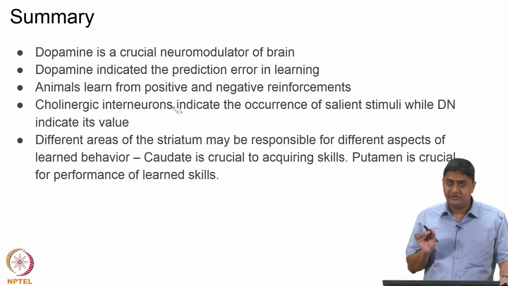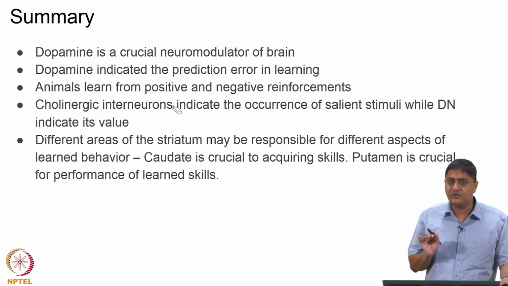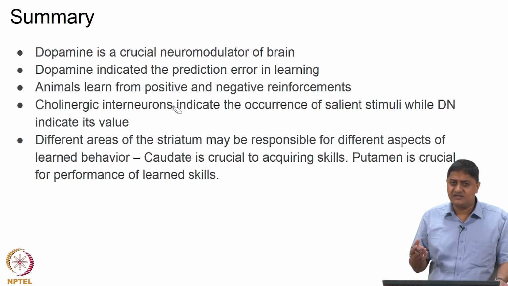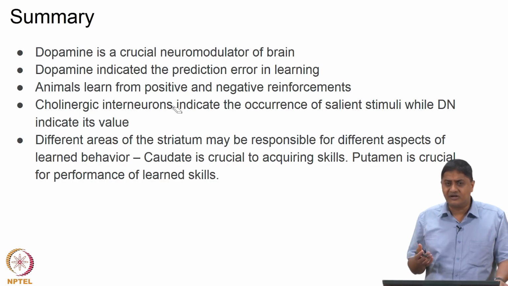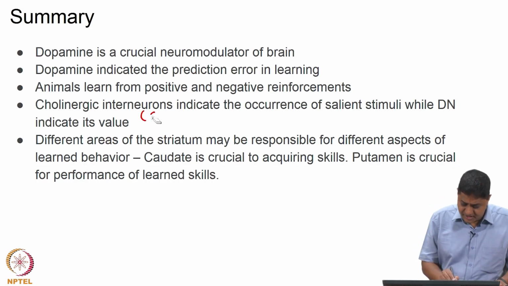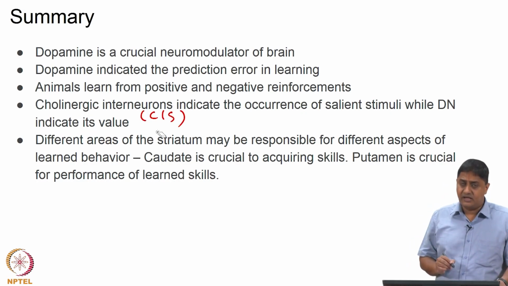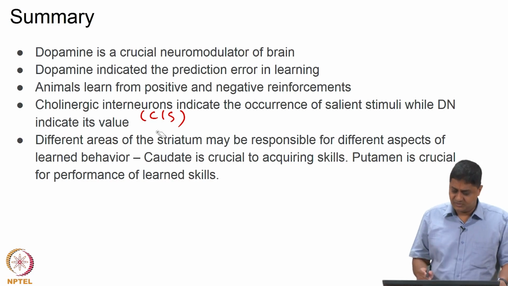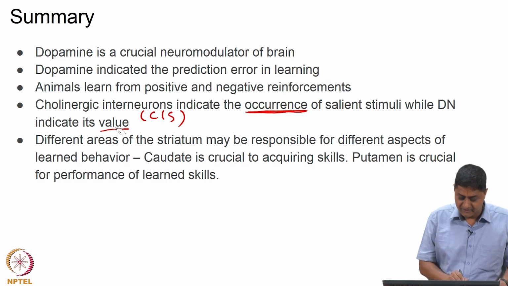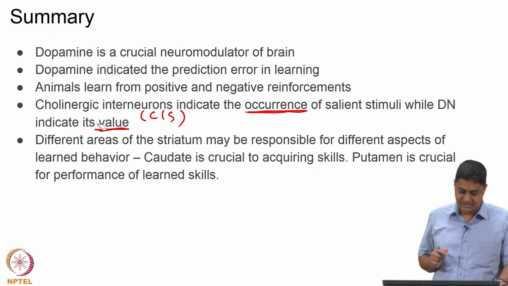So, in summary, dopamine is a crucial neuromodulator in the brain, and dopamine encodes the prediction error in learning, and animals learn from both positive and negative reinforcements. The cholinergic interneurons of the striatum indicate occurrence of salient stimuli, whereas the dopaminergic neurons encode the value, fundamentally different functions.